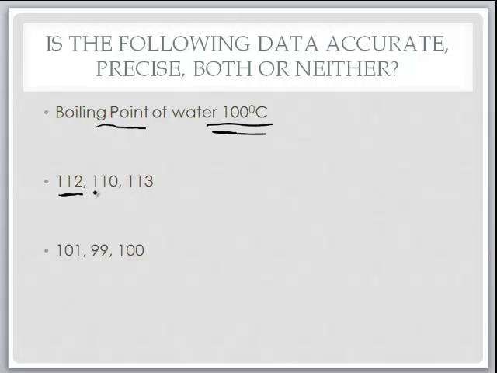Then you do it again and you get a value of 110, and in the third experiment you get a value of 113, assuming these are all in degrees Celsius. As you can see, these data points are relatively close to one another, so we would say that they're precise. But they're not really close to 100 degrees, so we would say that they're not accurate. So these 3 data points are precise, but they're not accurate.